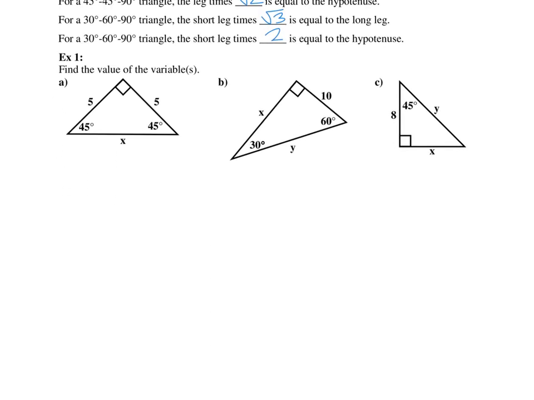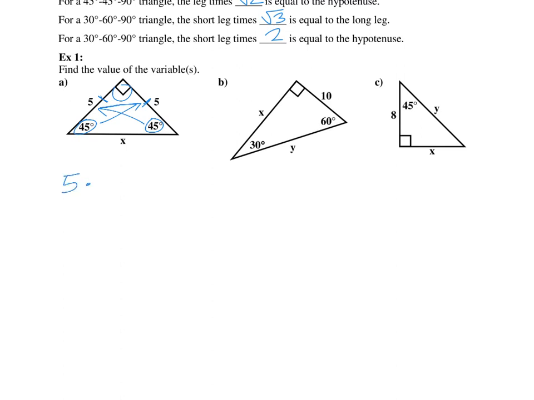let's apply these 45, 45, 90 and 30, 60, 90 properties. For part A, I'm looking at a 45, 45, 90 triangle. The sides opposite those angles are the same. They're both 5. So what do you do to the leg of a 45, 45, 90 triangle to get the hypotenuse?